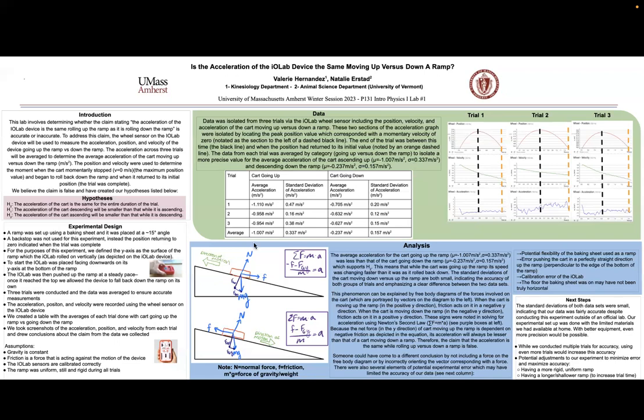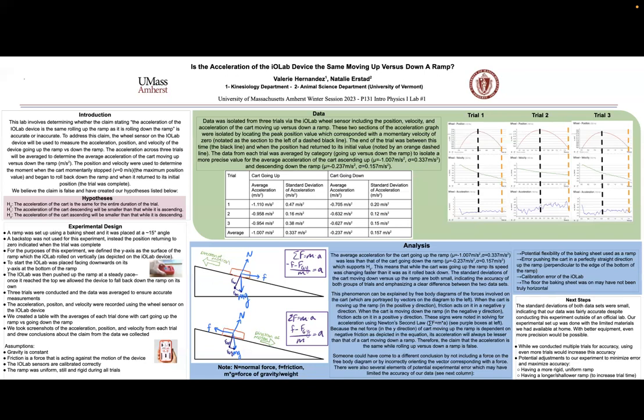For the cart going up, we got an average acceleration of negative 1.007 meters per second squared with a standard deviation of 0.337 meters per second squared. And for the cart going down, we got negative 0.237 meters per second squared as the average acceleration with a standard deviation of 0.157 meters per second squared. So the average acceleration for the cart going up the ramp was less than that of the cart going down the ramp, which supports our second hypothesis.